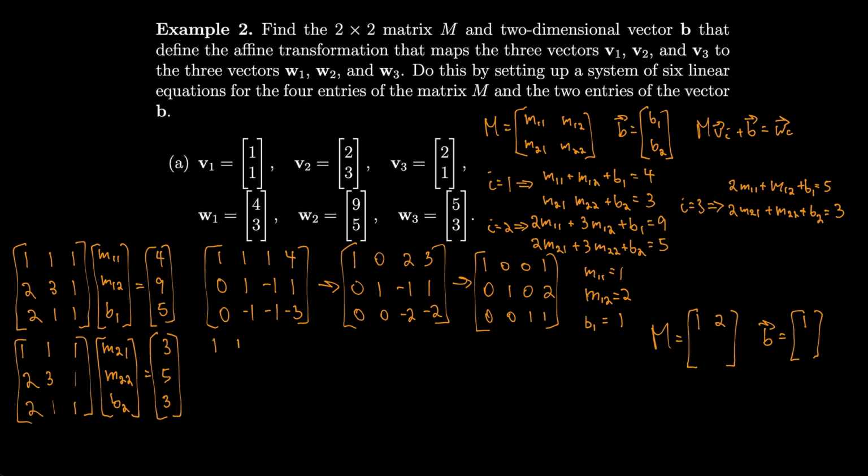We have 1, 1, 1, 3, and then underneath we can get 0, 1, minus 1, minus 1, 0, minus 1, minus 1, minus 3, becomes 0, 0, or actually, it's mistakes, 1, 0, 2, 4, 0, 0's in the bottom, 0, 1, minus 1, minus 1, 0, 0, minus 2, minus 4.